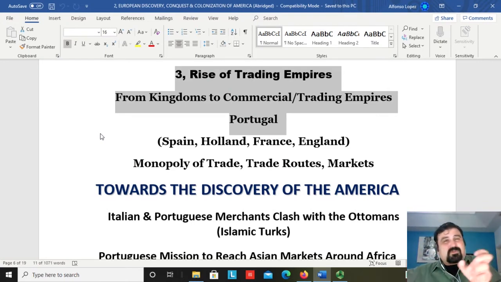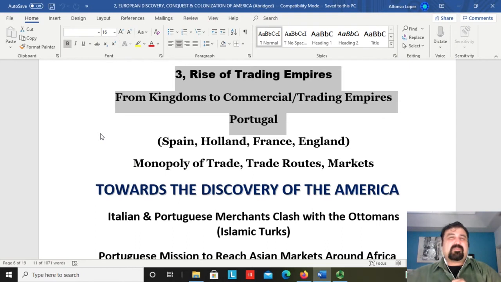So the traditional kingdoms of Europe are now going to try to participate in trade, and in the process they will become trading empires. From simple kingdoms in Europe, we're going to see the transformation of those kingdoms into empires based on trade, that is to say, based on commercial exchange.